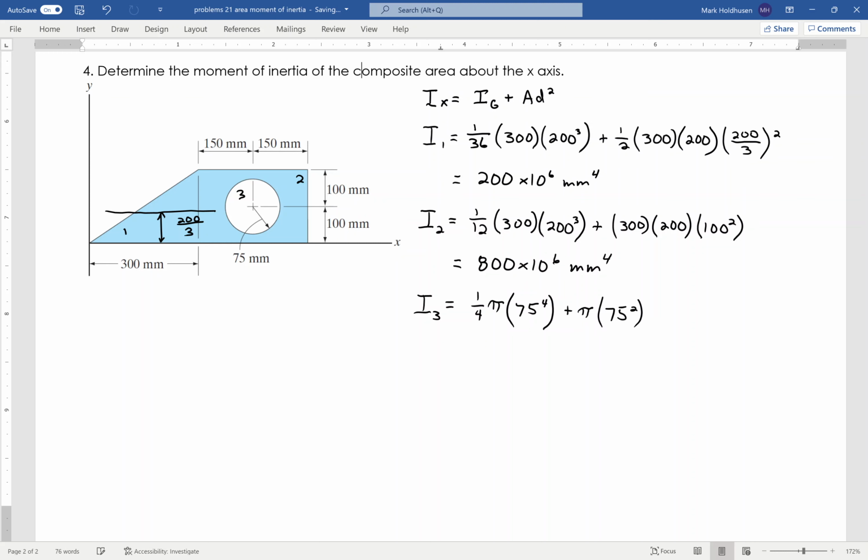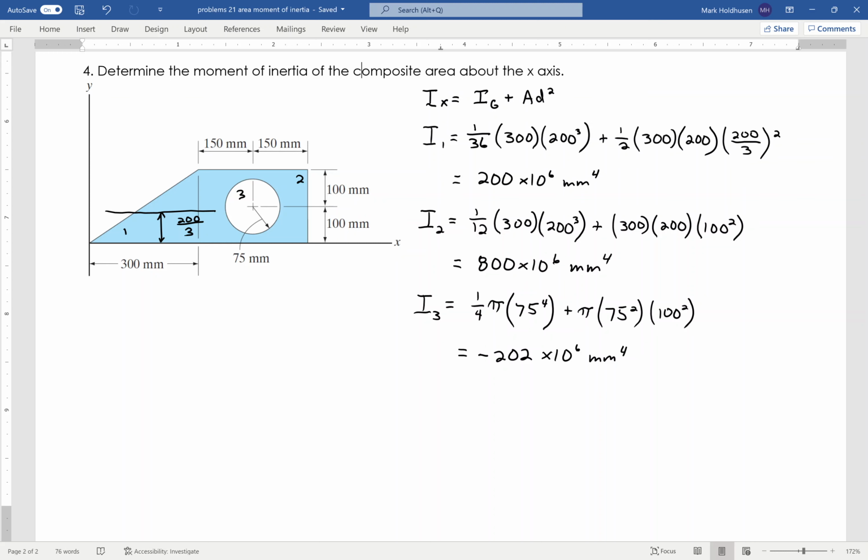Okay, and then I take that times the distance between the x-axis and the center of the circle, which of course is 100 squared. Okay, and what that gives me from that parallel axis theorem is 202 times 10 to the 6th millimeters to the 4th. And I want to put a negative in front of that, and the negative is because it's a hole, right?